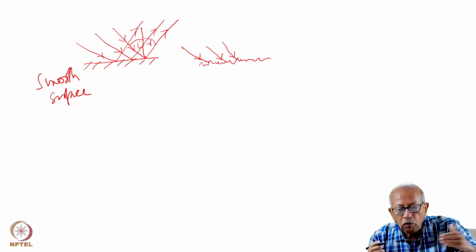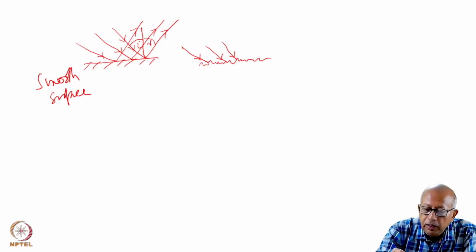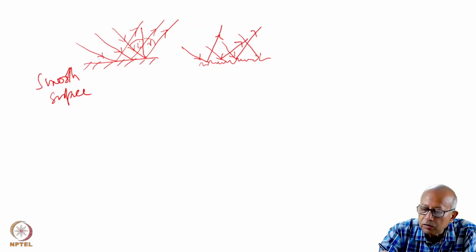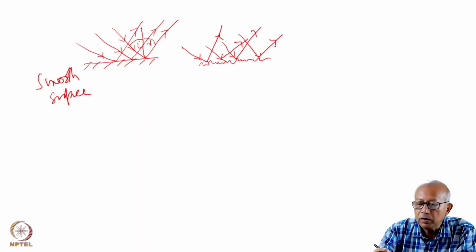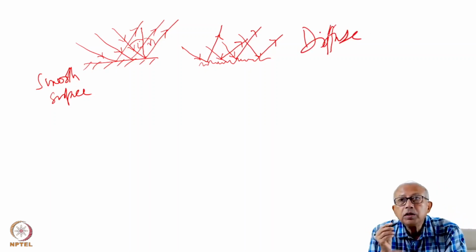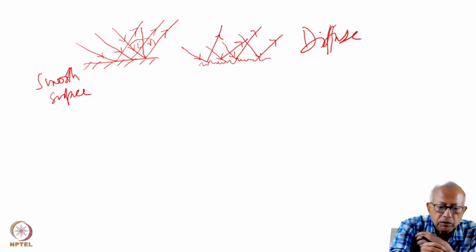But overall, because the angle of incidence is different, the reflected light will travel in different directions. Such reflection is normally termed as diffuse reflection or non-specular reflection. This is specular.